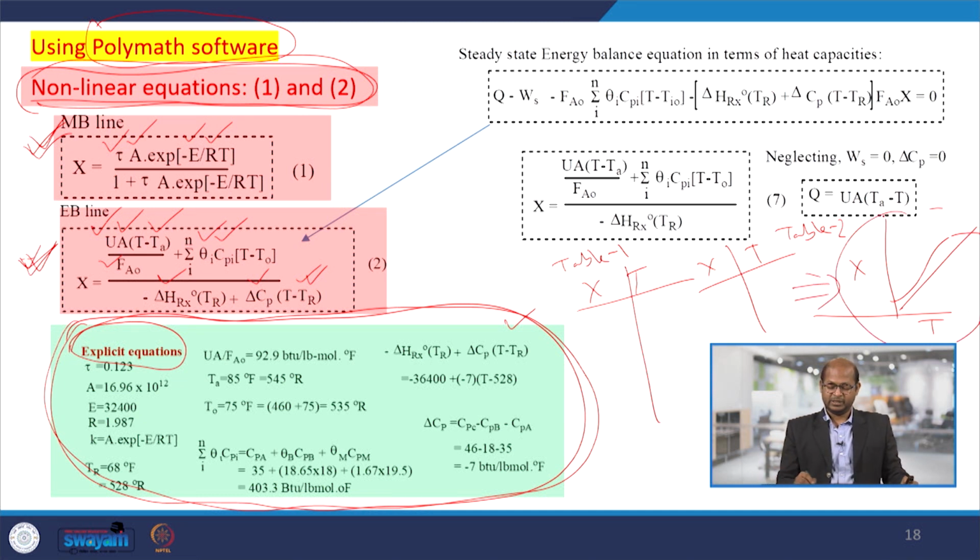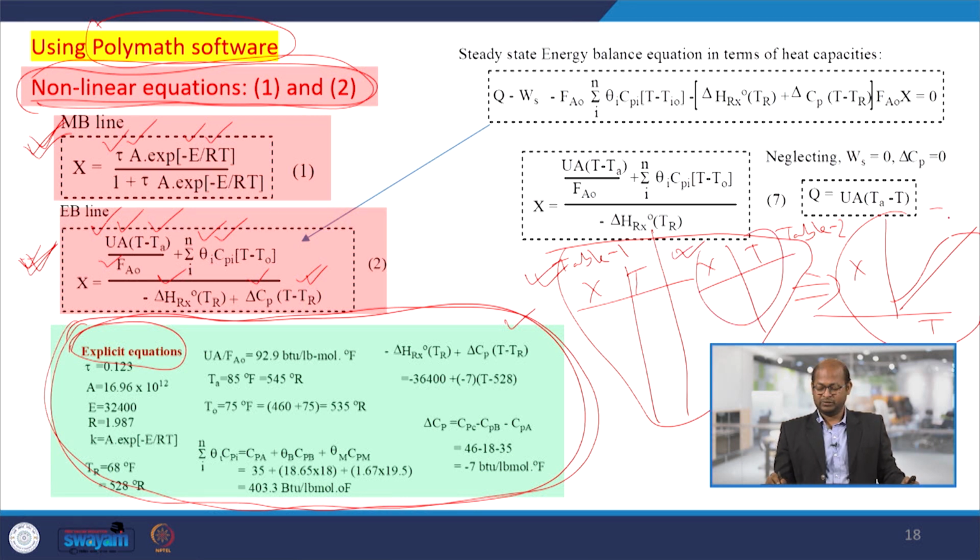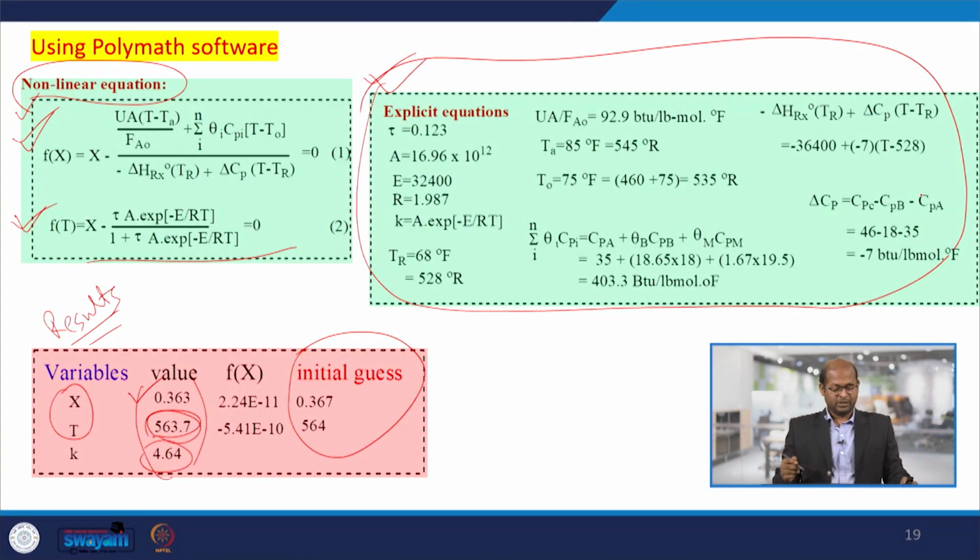In this software, if we want the result in table form, it gives tables, and if we want plots, that also it gives. This way we can solve. Okay, thank you. Today is up to this.